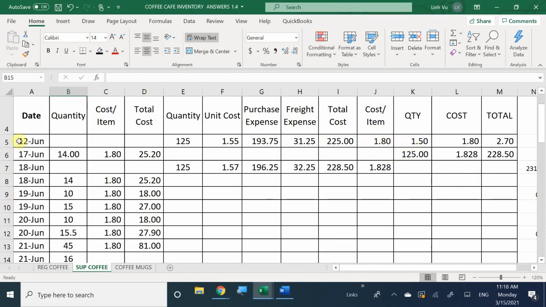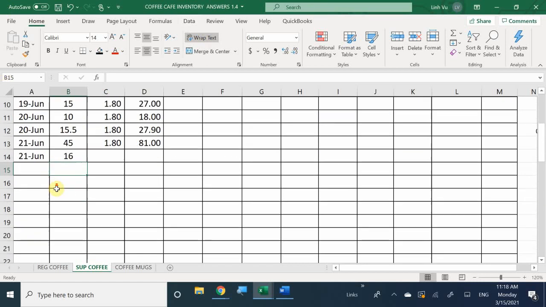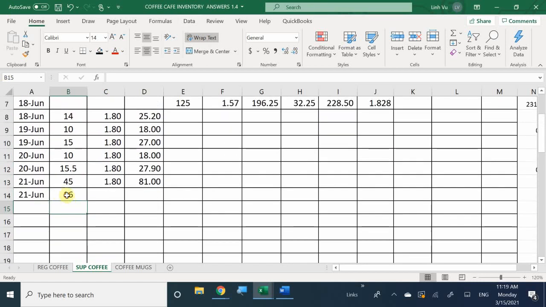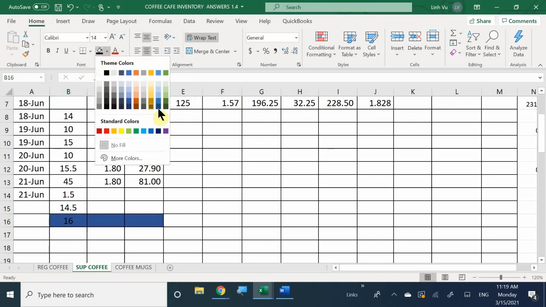So in this case, I have to dip into both of my amounts here. So I have 1.5, and then how many more do I need to take out from the second batch to get 14 and a half? We're gonna take 14.5. Good. To get to 16. So once again, I'm gonna highlight this so I know that this is a calculation.